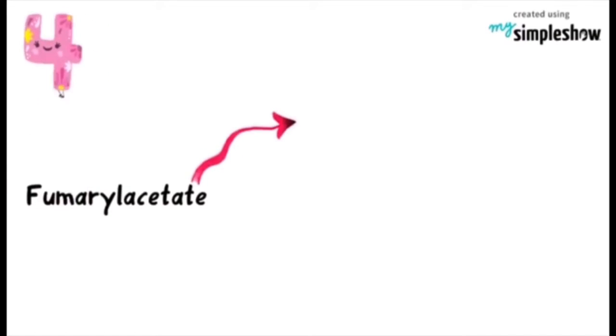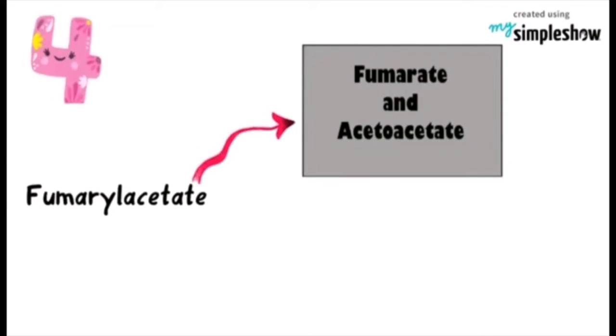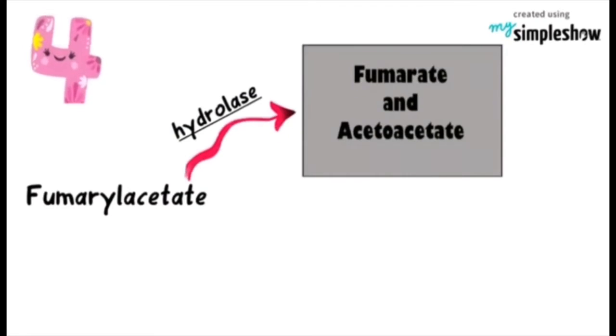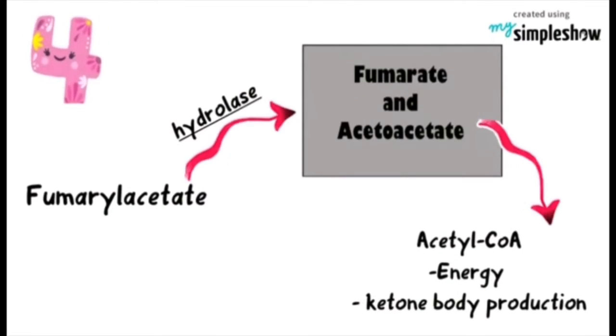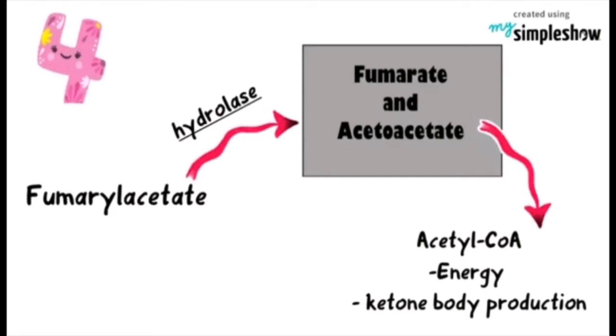The fumarylacetoacetate is converted into fumarate and acetoacetate by hydrolase. Then both fumarate and acetoacetate are metabolized to acetyl-CoA for energy or ketone body production.